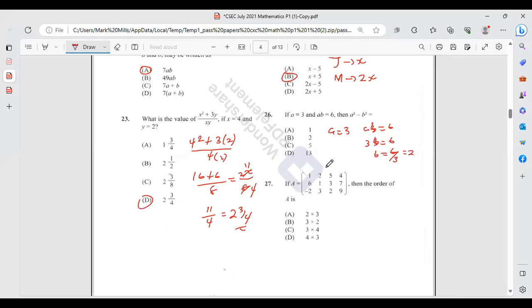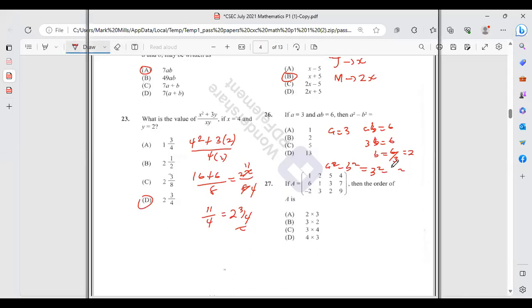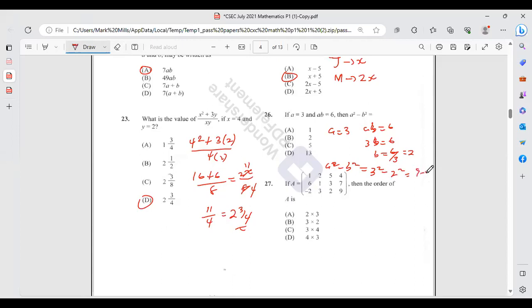So we want to find A squared minus B squared. My A value is 3 squared minus B, which is 2 squared. So 9 minus 4 gives me 5.